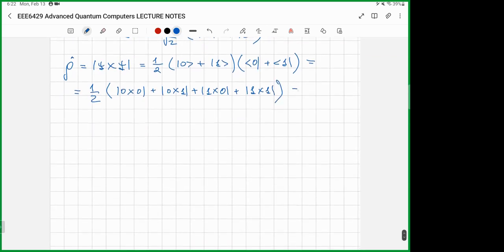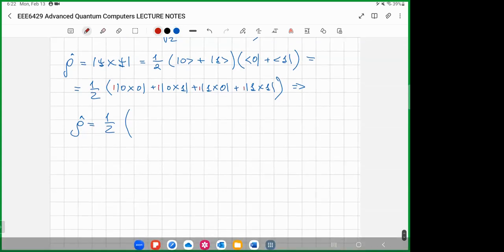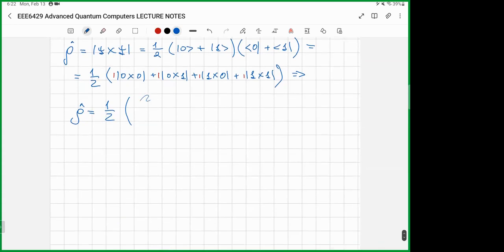Or in the form of a matrix, we can rewrite this as 1/2, and then these are the elements, the coefficients 1, 1, 1, 1. So the matrix is 1, 1, 1, 1.